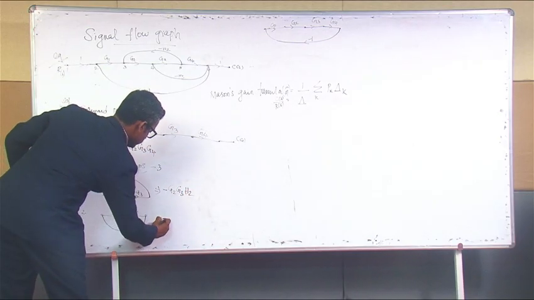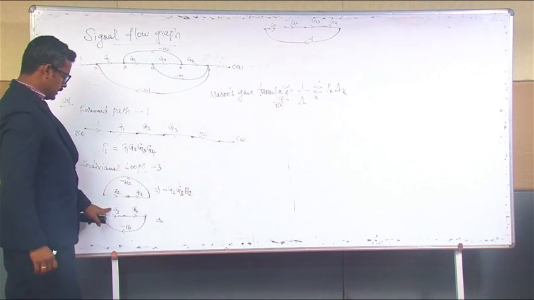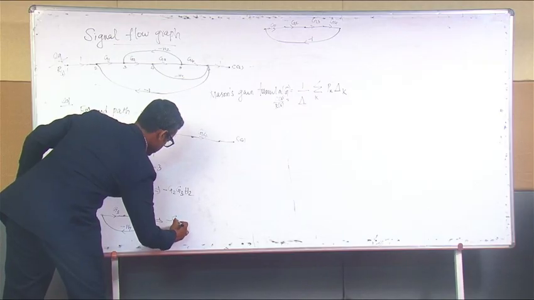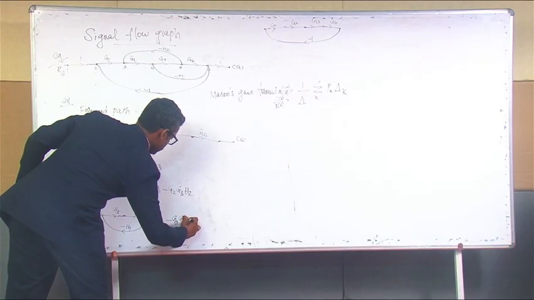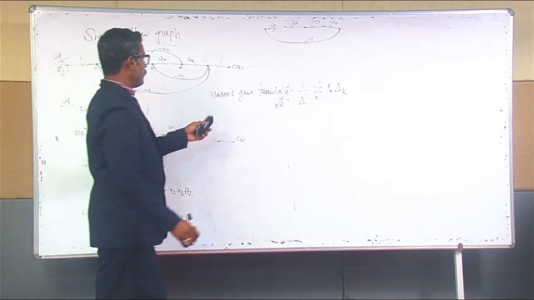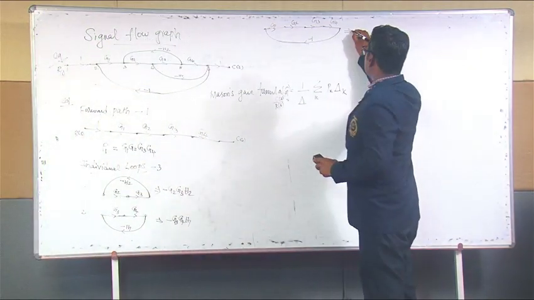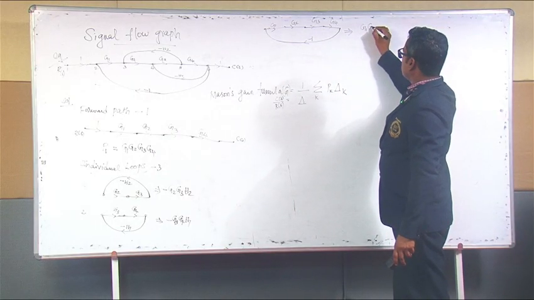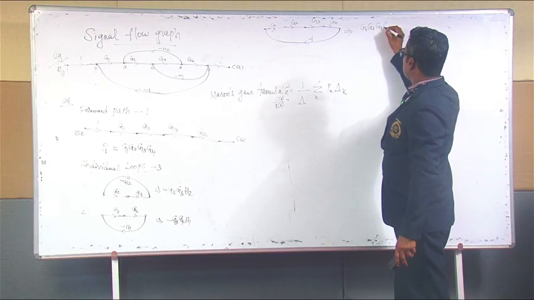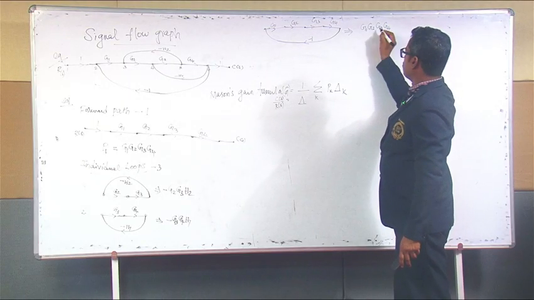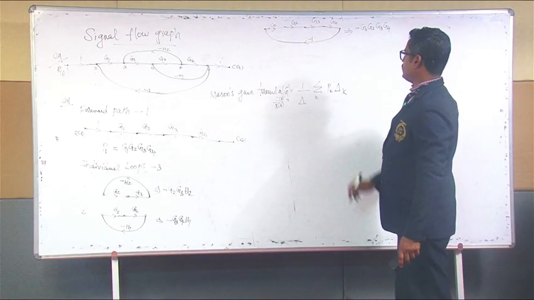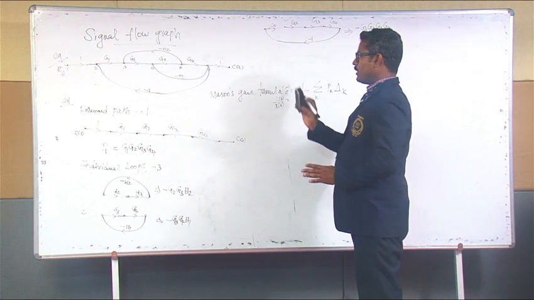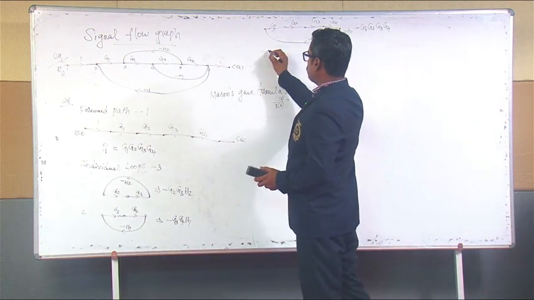The transfer function of the second loop is G3, G4 into minus H1, so minus G3, G4, H1. For the third loop, the transfer function is in series, so you multiply G1, G2, G3, G4 and the feedback is minus 1, so it is negative. So there are 3 individual loops identified, and now the two non-touching loops.